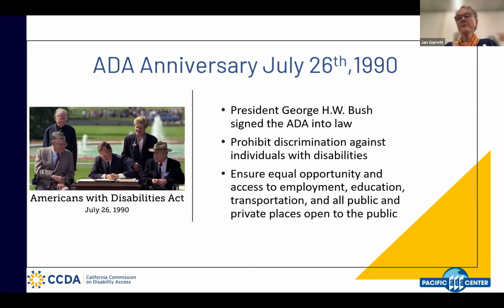So it's a much, much broader law than the Rehabilitation Act. This photo shows some of the advocates surrounding George H.W. Bush on the lawn of the White House, signing the ADA into law on July 26, 1990.